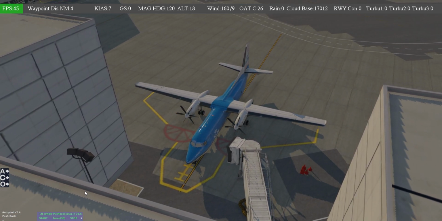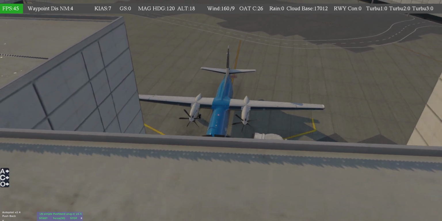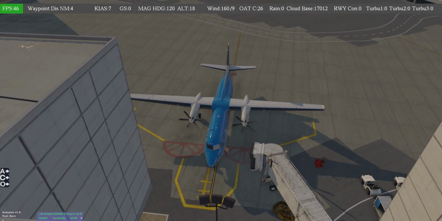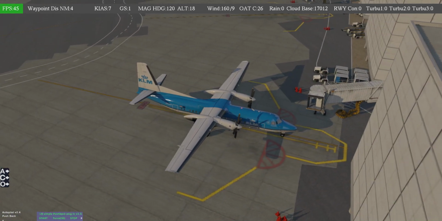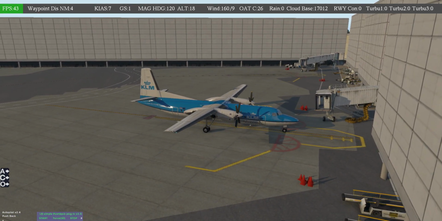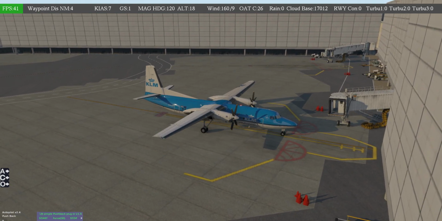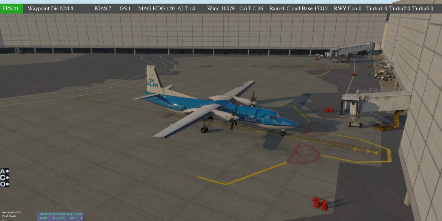In reality, here at Copenhagen, it's like in Aalborg, the aircraft would be able to turn away from the airport without requiring pushback trucks.